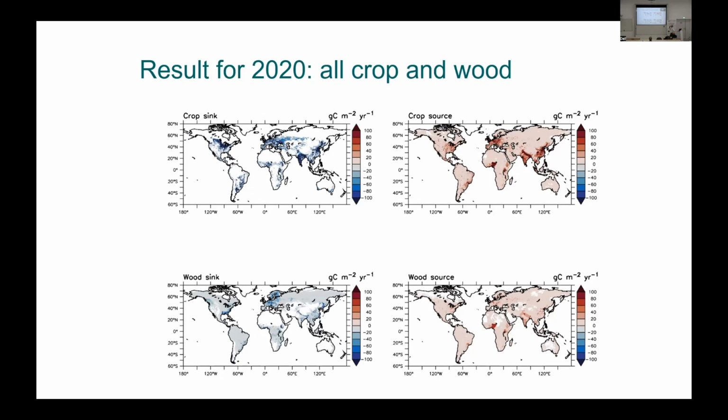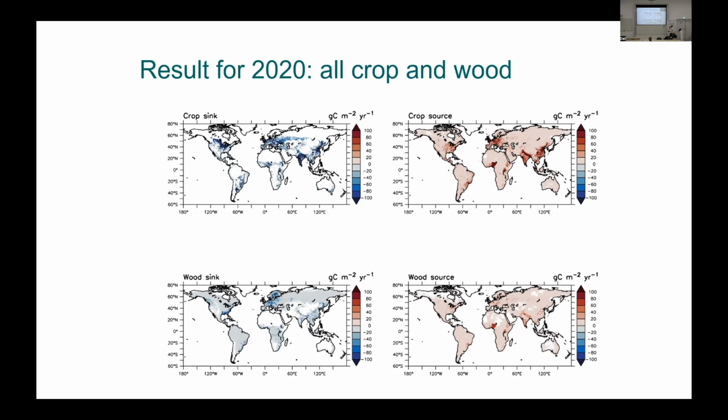The crop source, well, it's displaced carbon, so it's more human settlements. In Africa, you can spot Nigeria, a very populated country, the eastern parts of the US, Europe, which is also very populated, India, the southeastern part of Asia. Then for wood, you see forests for the sink.